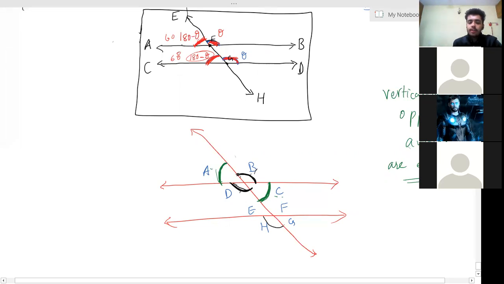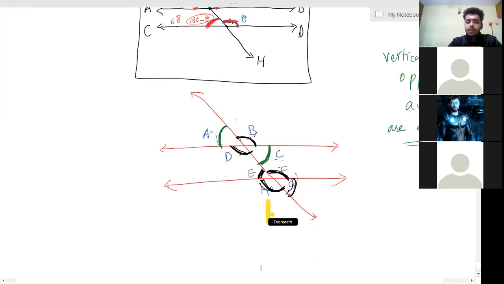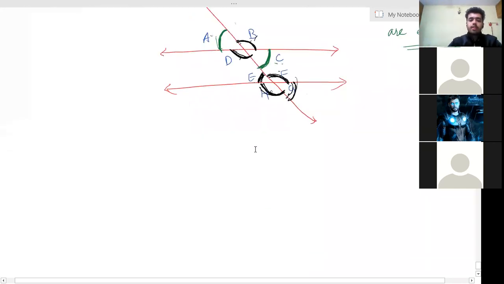Next we have H and F. These are also vertically opposite angles. E and G, yes, even E and G. F and H I've already done. So F and H are vertically opposite angles. E and G are vertically opposite angles, right? So that is the meaning of vertically opposite angles, where all of them are equal.